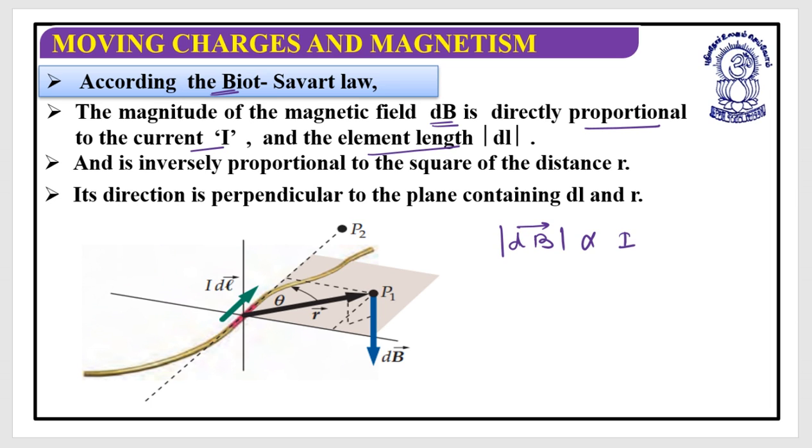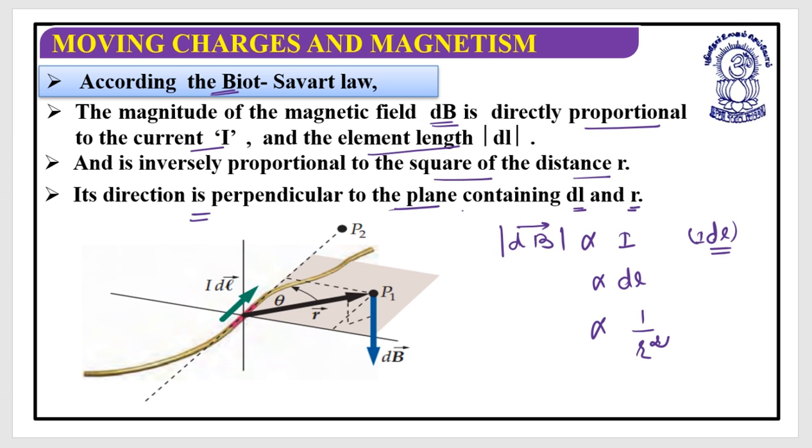Yes, it is directly proportional to I. It is directly proportional to dl. And it is inversely proportional to the square of the distance r, it's 1 by r square. And its direction is perpendicular to the plane containing dl and r. Yes, its direction would be perpendicular to dl and r.